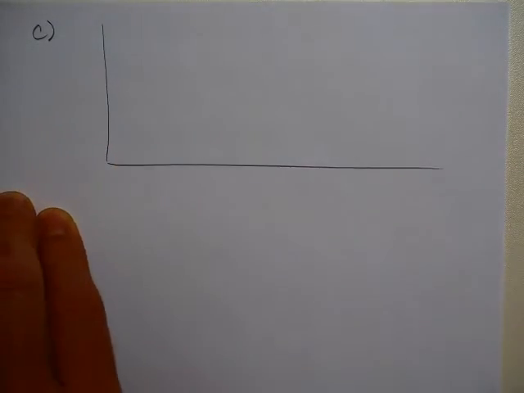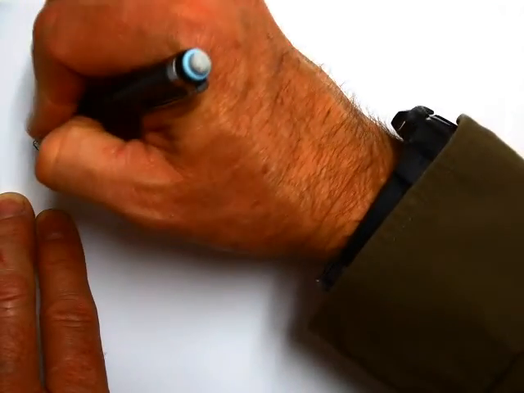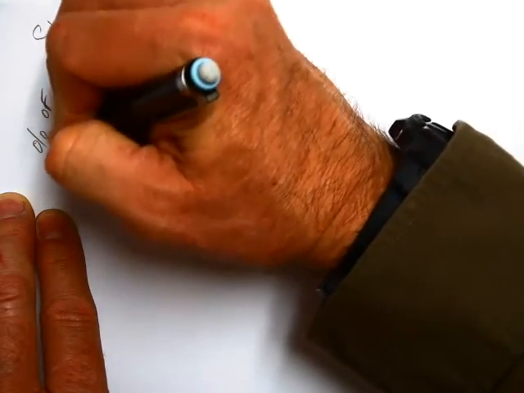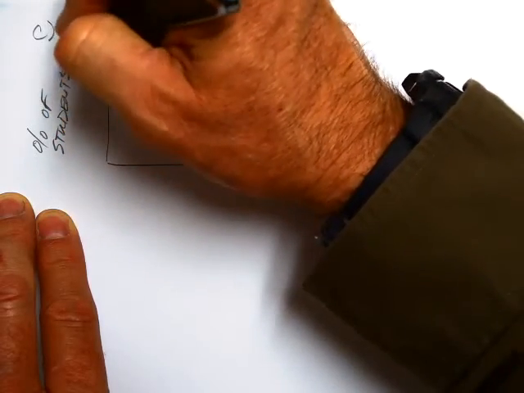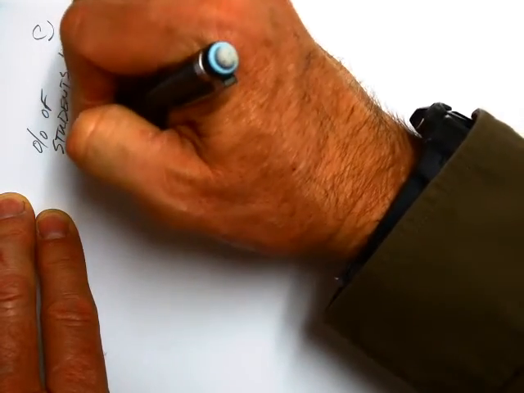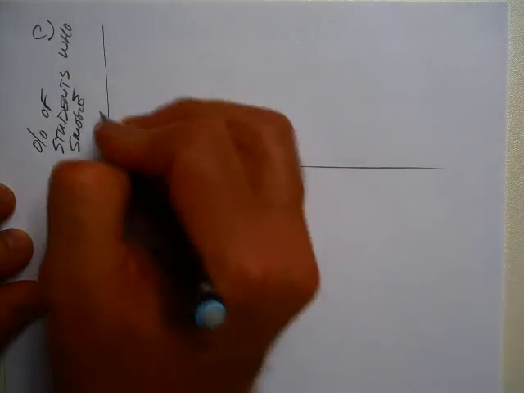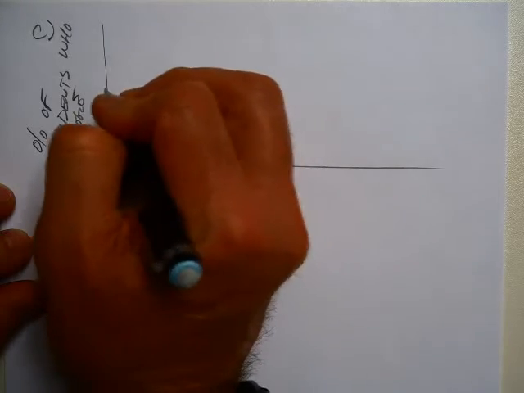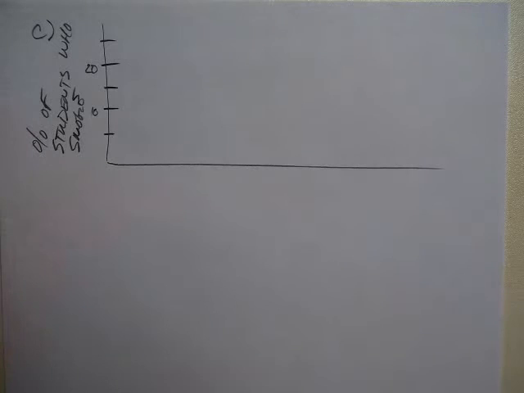And for my y-axis, I'm going to say percent of students who smoke. My biggest percent is a little over 20, so I'm going to go 5, 10, 15, 20, and something like that, 25. That'll work.